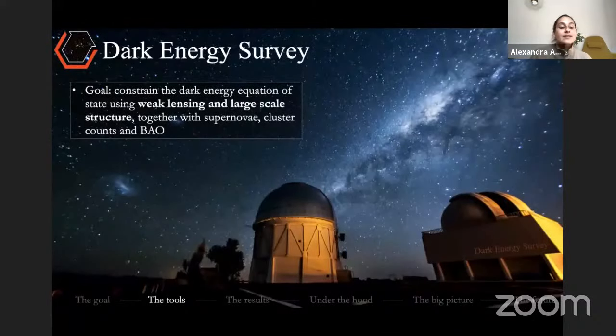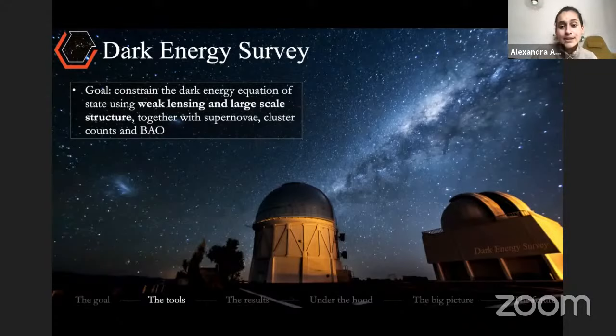Now, right now, the Dark Energy Survey provides the current state-of-the-art in lensing data. This was a 6-year survey, and we finished collecting data. I think I did the second to last observing run a couple of years ago here at the Blanco telescope in Chile. And the goal of this survey really is, unsurprisingly by the name, to constrain the dark energy equation of state. And we do that with weak lensing, large-scale structure, but also with supernova and cluster counts and BAO.